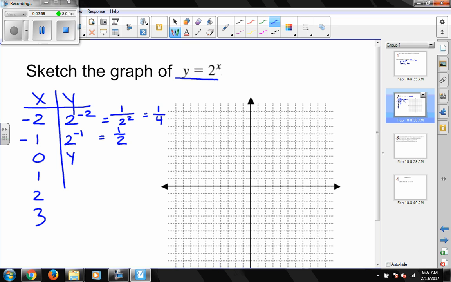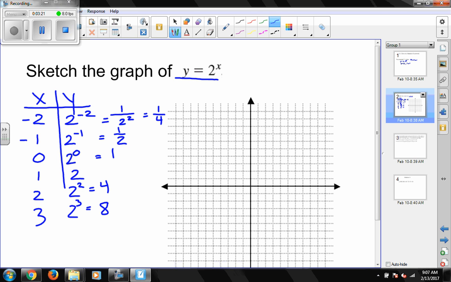We keep going, we get 2 to the 0, which is 1, if you remember that from yesterday. And we get 2 to the first, which is 2, 2 to the second, which is 4, and 2 to the third, which is 8.